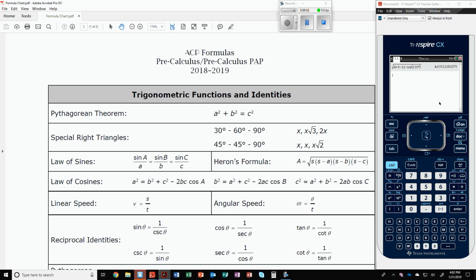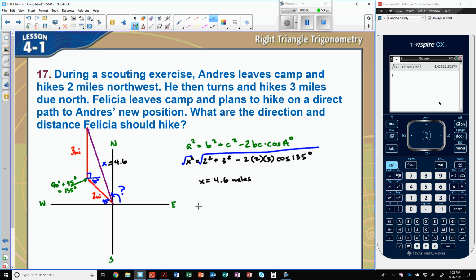Going back to the formula chart, I'm going to use the law of sines right there. So sine of my 135 degrees over my 4.6 miles is going to equal sine of the unknown angle, I've already used x, I'll just put theta, over 3.